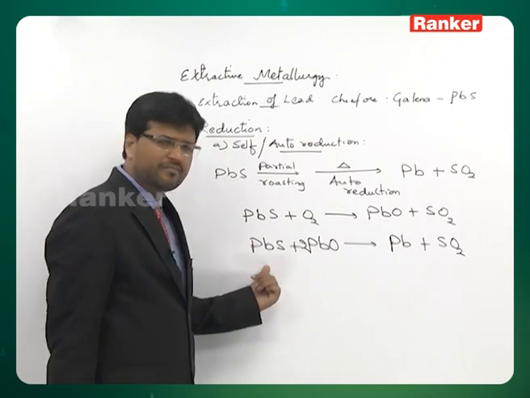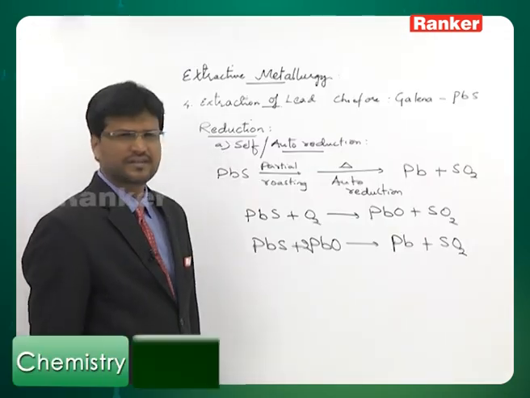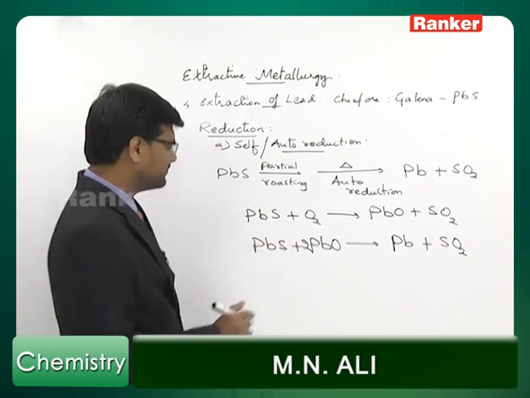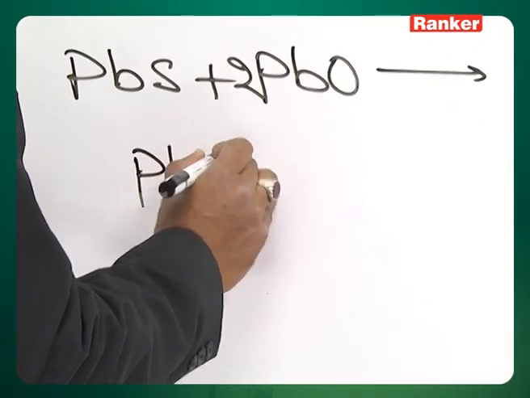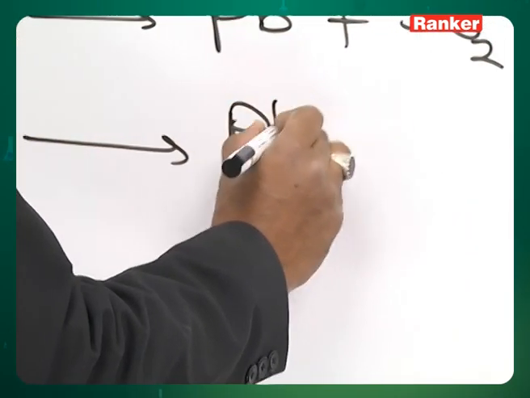If a sulphide of a metal reduces its own oxide, then the type of reduction is described as auto reduction. Apart from this, this is another thing which is possible. PbS is likely to get oxidized to PbSO4.